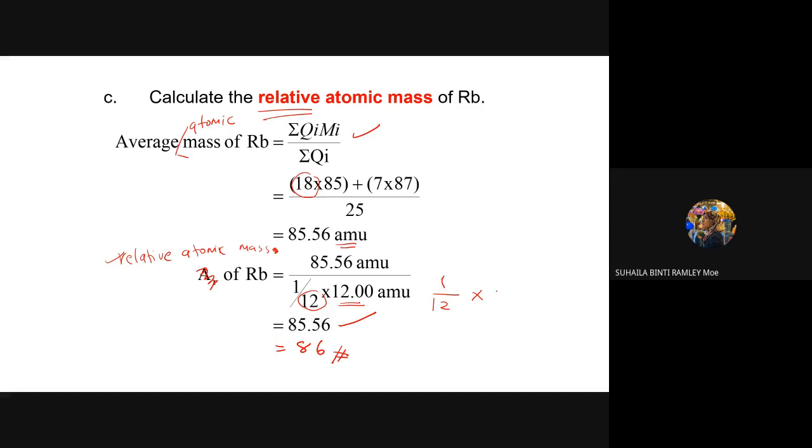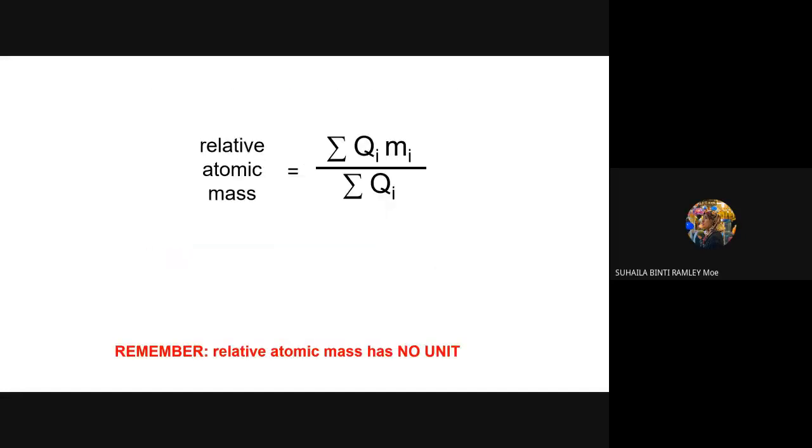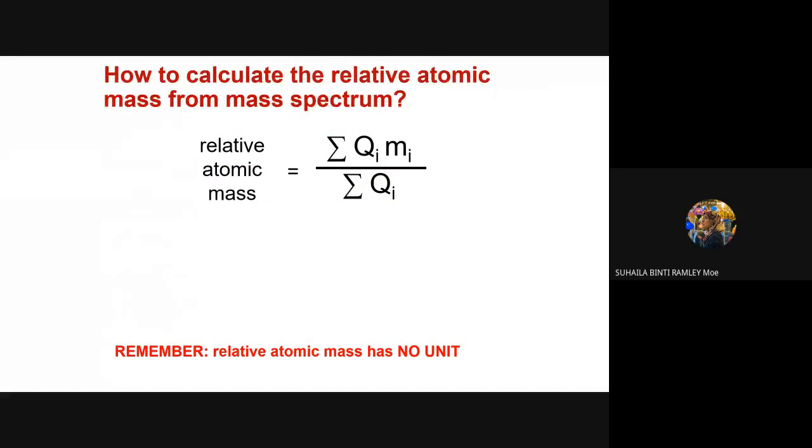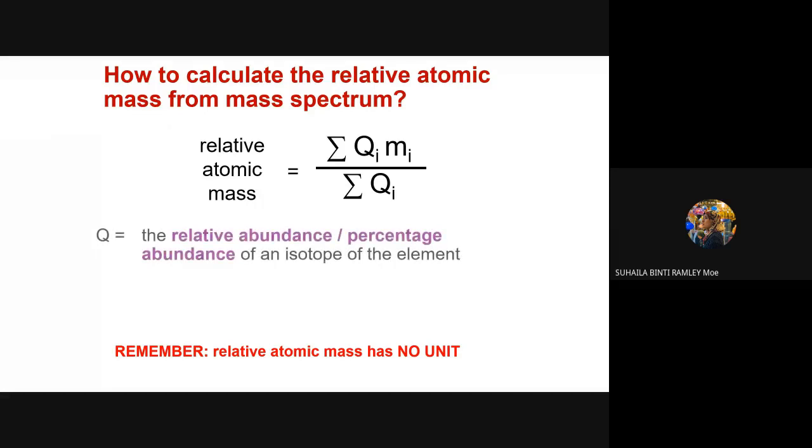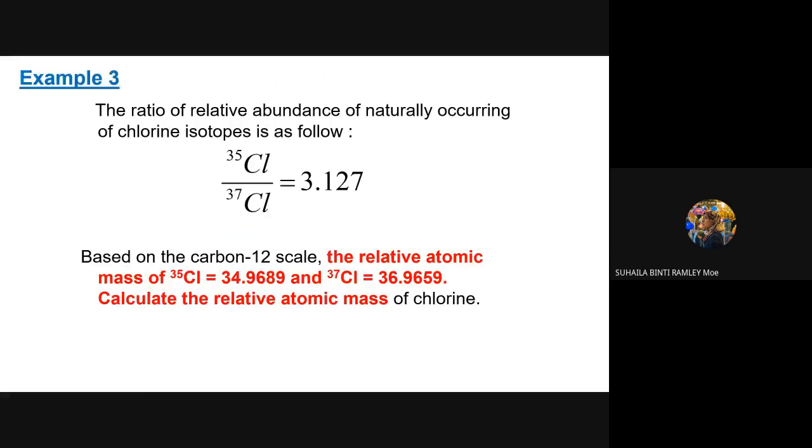Carbon 12 has a mass of 12 grams, so 1/12 is the comparison. So, calculation of relative atomic mass from mass spectrum.